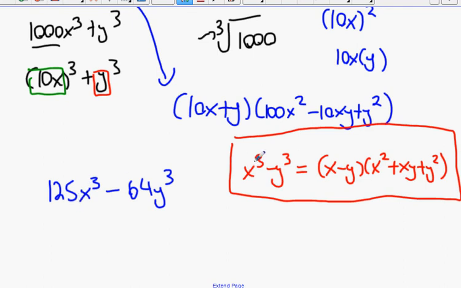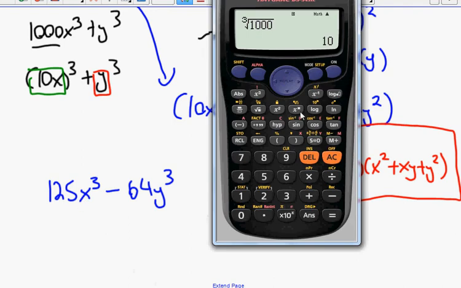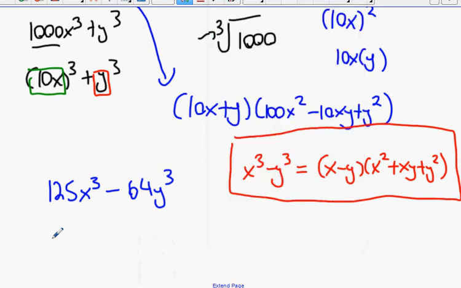Now, Rory, can you suggest how you might go about doing this? It is the subtraction of 2 cubes, or the difference of 2 cubes. What do you do next, guys? Remember, it's what number will multiply itself 3 times to give you 125. 5. Thank you. 5x to be cubed.